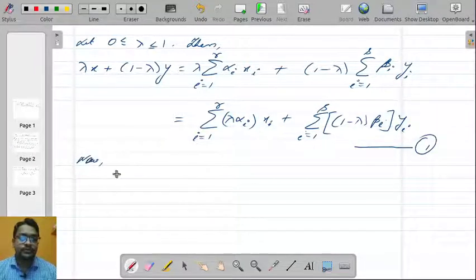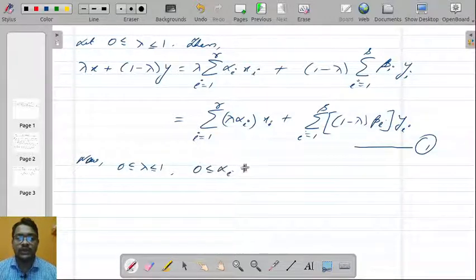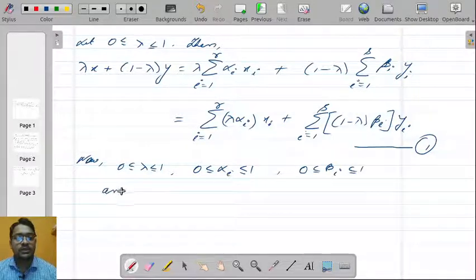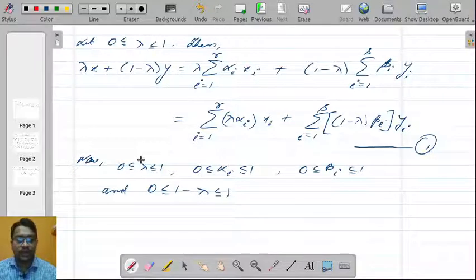Now, 0 less than or equal to lambda less than or equal to 1, also 0 less than or equal to alpha i less than or equal to 1, 0 less than or equal to beta i less than or equal to 1, and since lambda lies between 0 and 1, 1 minus lambda also lies between 0 and 1. So, if I multiply this with this, then also it will lie between 0 and 1.